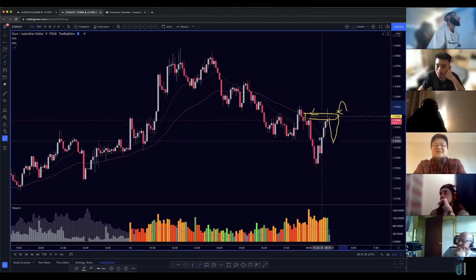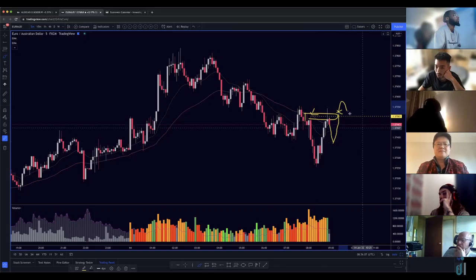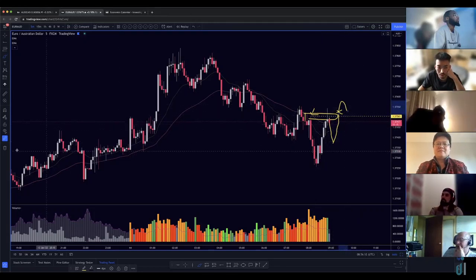The whole goal at this point is just to make sure volume is behind you and killing the last guy who started. That's all. How you want to get in is up to you, based on your personality and how you want to trade it. But the goal is for it to be clear: guy who started taken out and volume behind you. That's all.